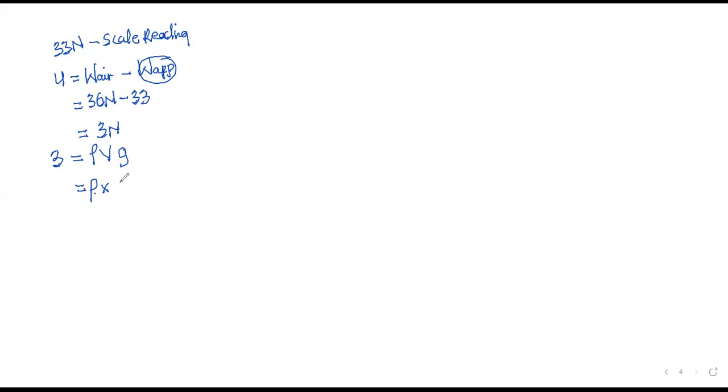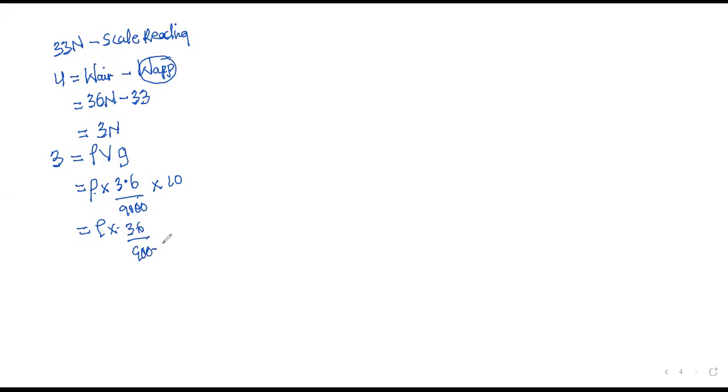We have the volume of the object to be 3.6 divided by its density, which is 9,000, times acceleration due to gravity, 10. So it means that we have rho times 36 over 9,000.